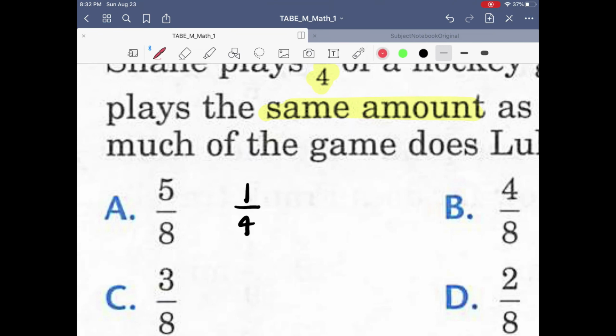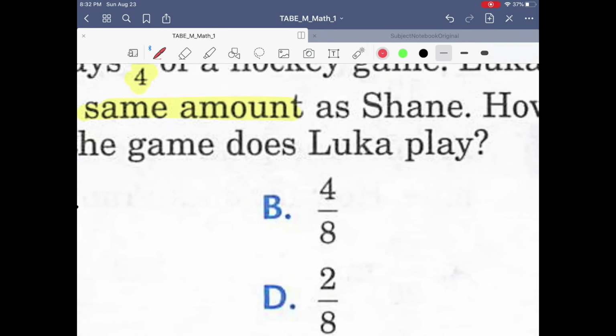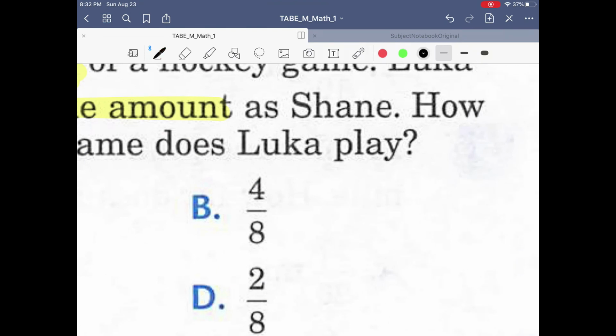And let me just bring that right in here. 1/4. So we can get this bottom division to work, and we can get the top to work. Problem is they're not the same division, so that is not the answer that I'm looking for.